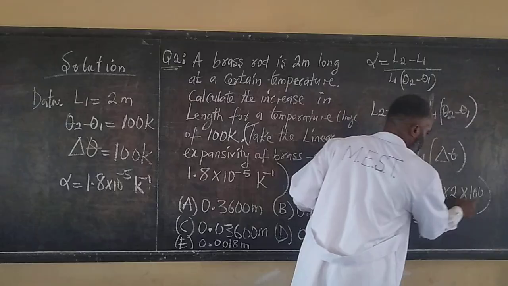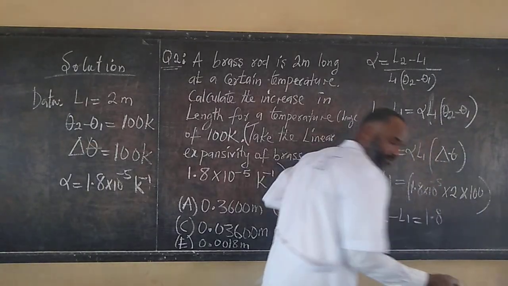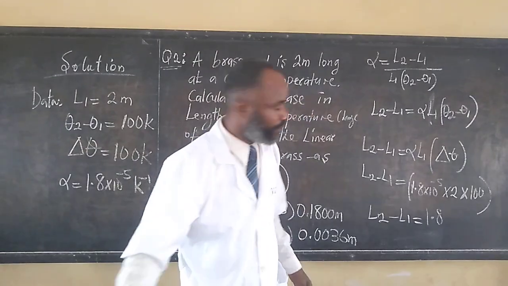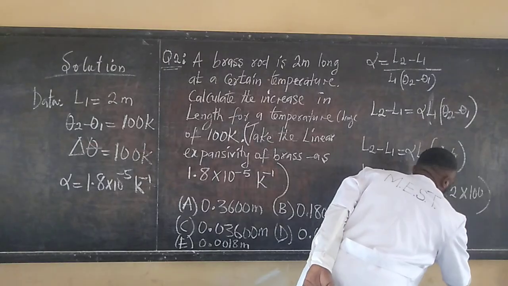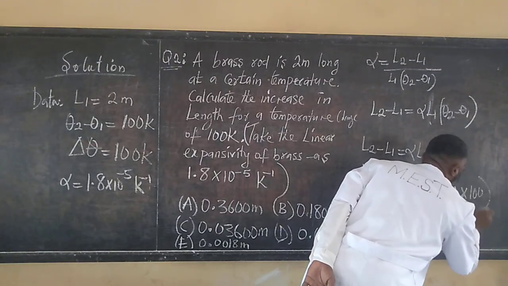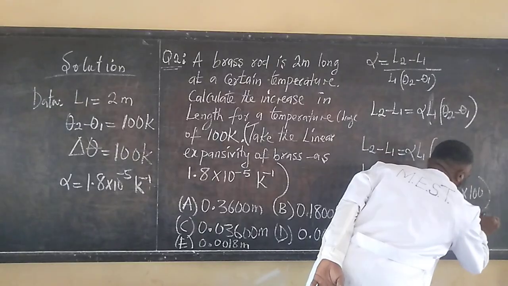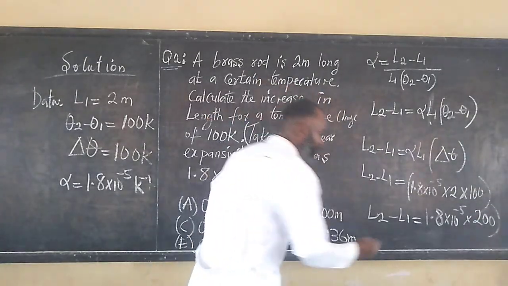Like this times this is 200. So we have 1.8 times 10 raised to the power minus 5 times 200. 2 times 100 is 200, bracket close. So what you're going to do is very simple.